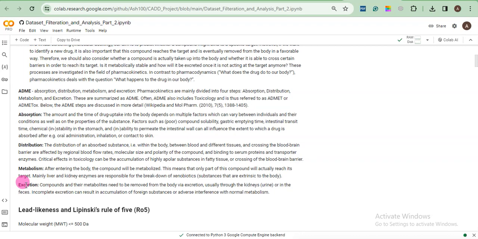If it stays inside the body, it may cause trouble. That's why, more often, you hear a term like this particular drug is not good for the kidneys. That actually means that it poses a problem to the excretory system.